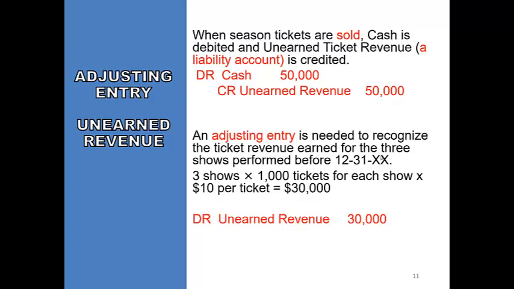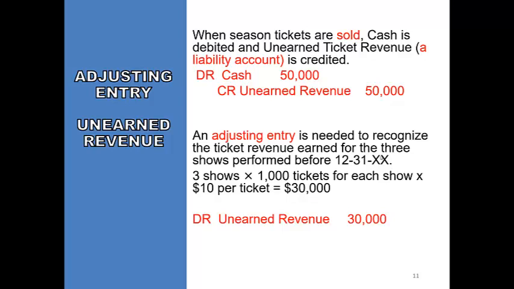Then at year end, an adjusting entry is needed to recognize the ticket revenue that was actually earned during the year. So the problem tells us that 3 shows at 1,000 tickets at $10 a ticket was earned.